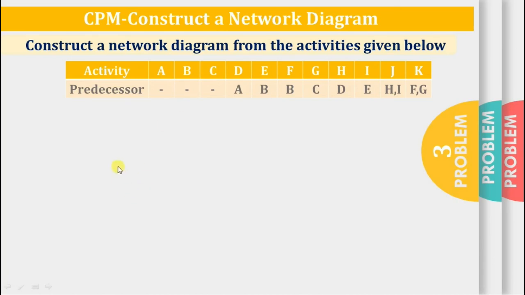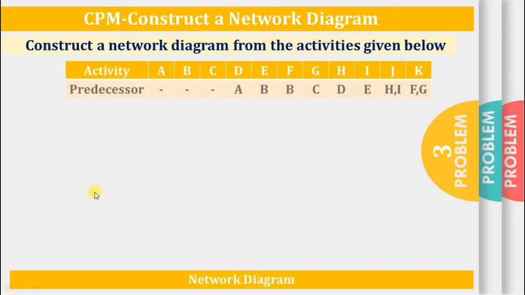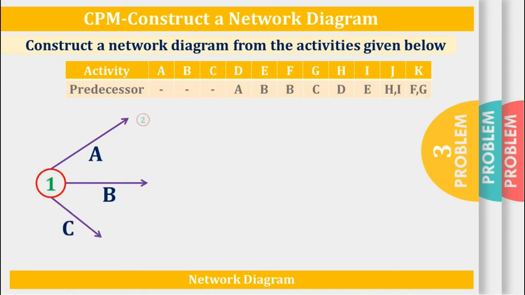So here A, B and C are independent activities. So first we'll draw these three activities, A, then B and C.